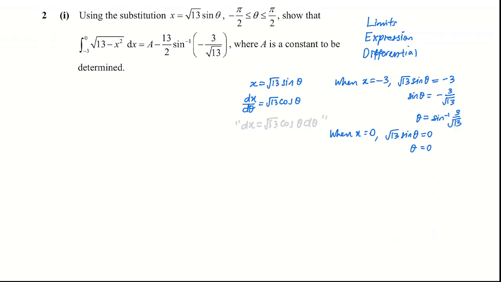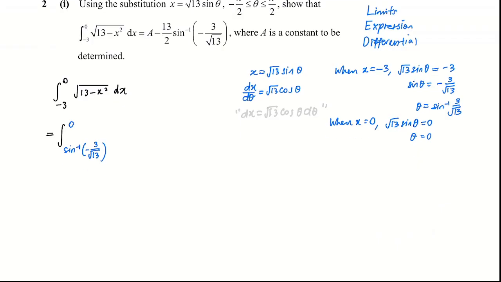So now let's do the integration finally, starting from this one. First, let's change the limit. From negative 3, change to sine inverse of negative 3 over square root 13, and the 0 is replaced with the 0.